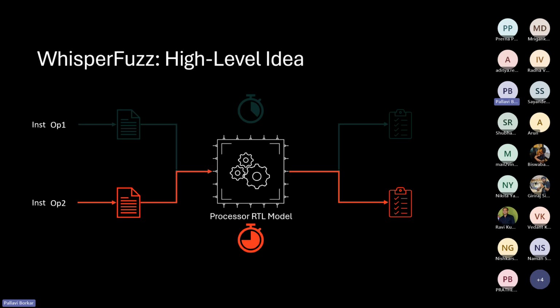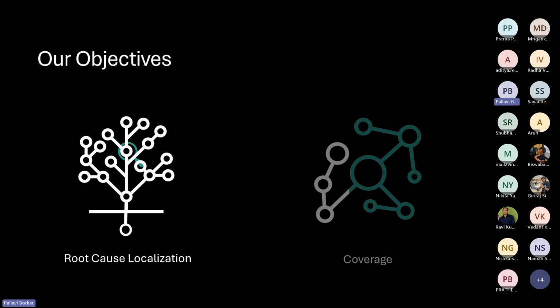Measuring the differing execution times corresponding to each of these sequences assists us in detecting the timing differences. Now that we can detect such timing differences, we focus on our two major objectives, which are the localization of the root cause, and the second one is a coverage analysis. So let us start with localization.